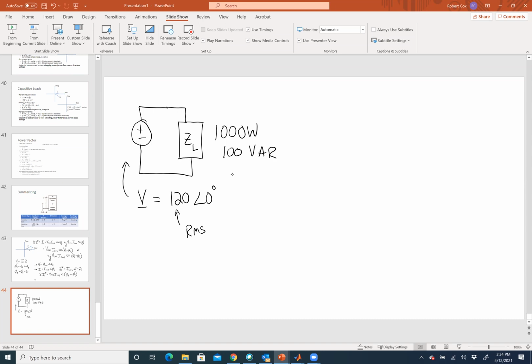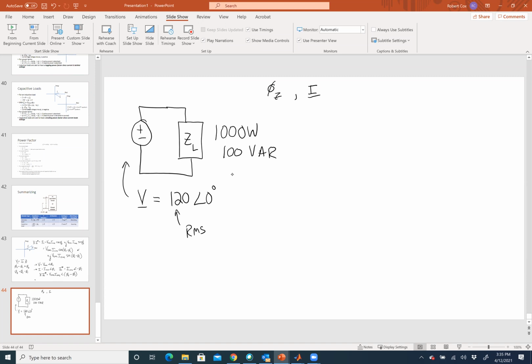We want to figure out the angle of the impedance, and we want to figure out the current phasor. So how would we approach that sort of problem? It's 1,000 watts and 100 VARs. Where do we start?